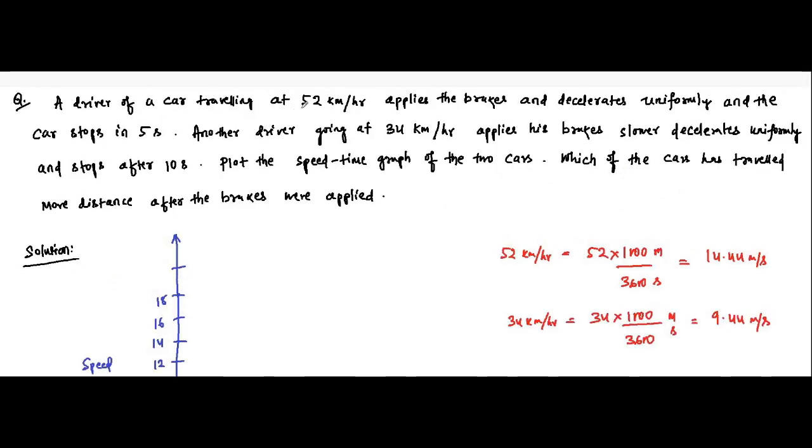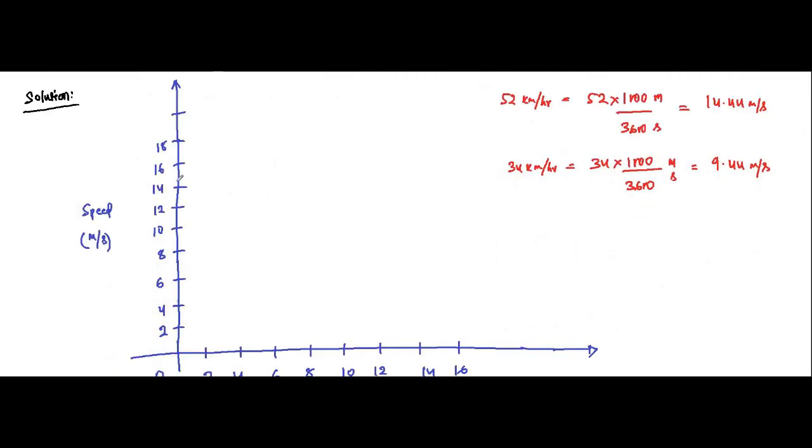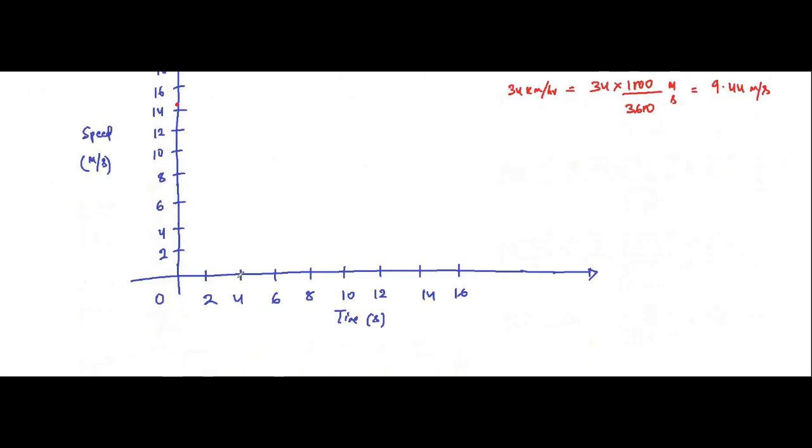So it is said that one of the cars is traveling at 52 kilometers per hour, that is 14.44 meters per second, decelerates uniformly after the application of brakes, and the car stops in 5 seconds. Stops in 5 seconds means the velocity is 0. So 14.44 will be somewhere here, and it stops in 5 seconds, somewhere in between 4 and 6.